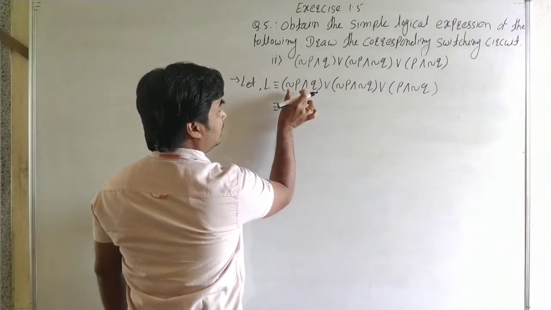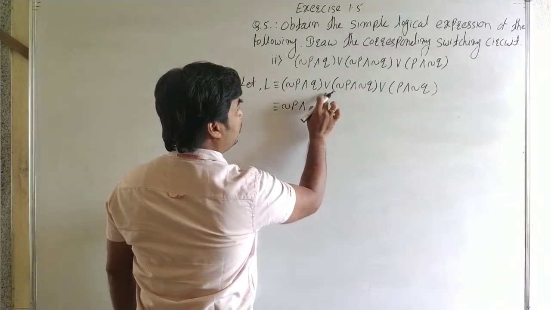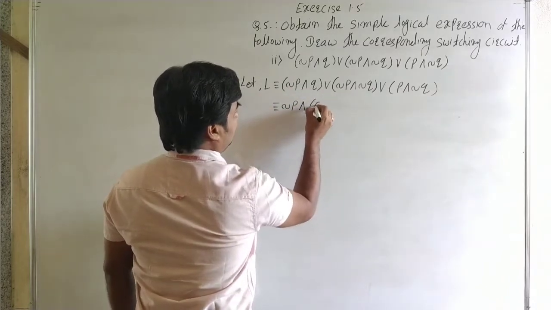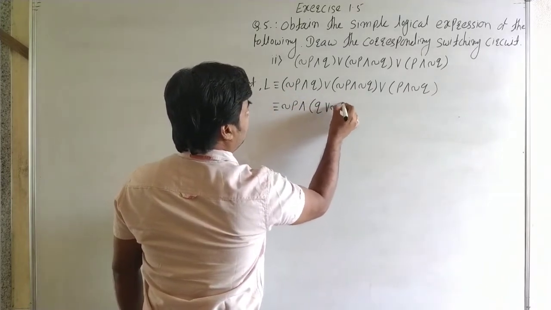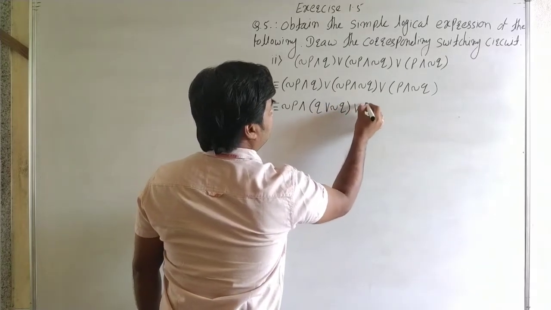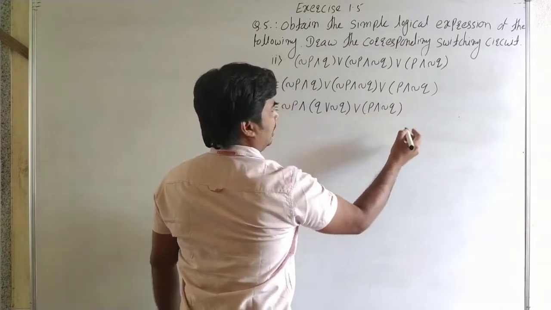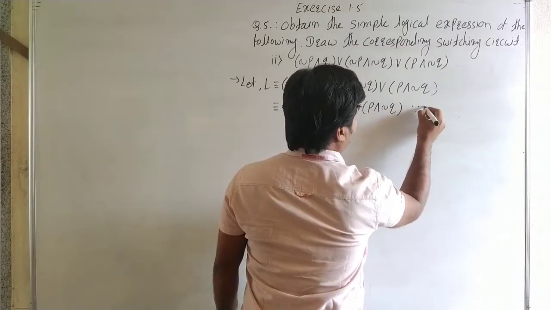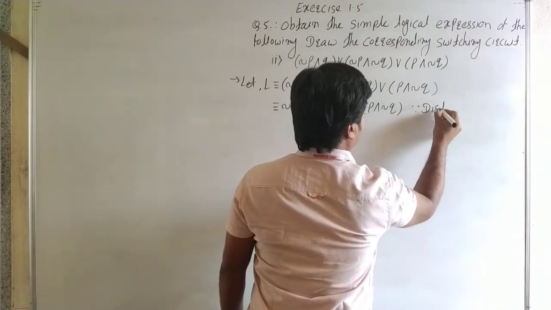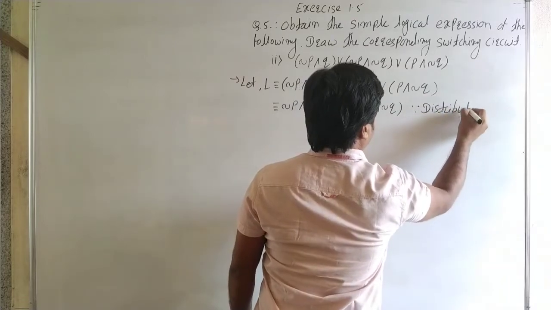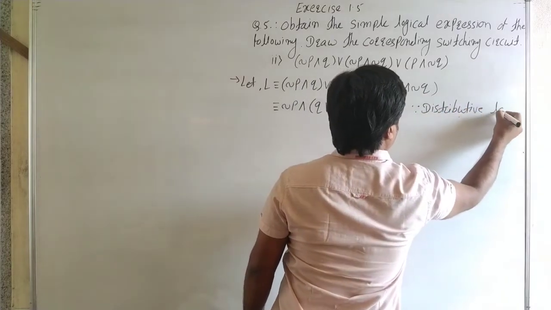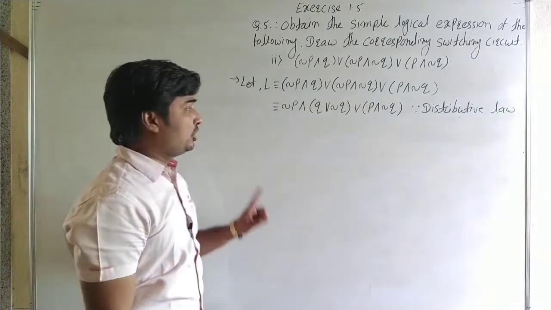You can take common the negation P, and then the remaining is Q or negation Q, and the third as it is. Here we use the distributive law.